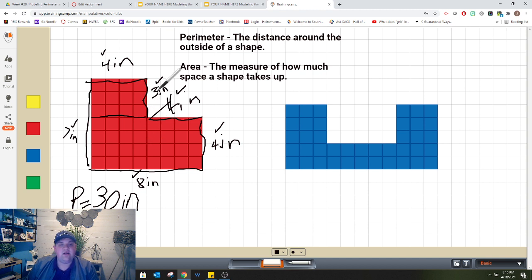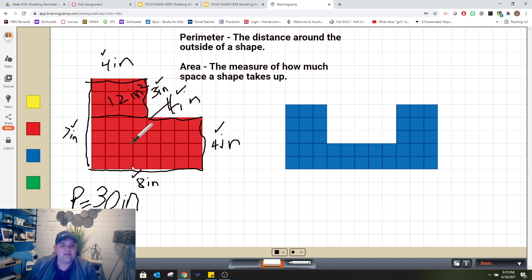And based on what I learned last week, I can multiply the length times the width and get how many are inside. So 4 times 3 for this part is 12. And I can always check that. 1, 2, 3, 4, 5, 6, 7, 8, 9, 10, 11, 12. Yeah, there's 12 square inches in here.